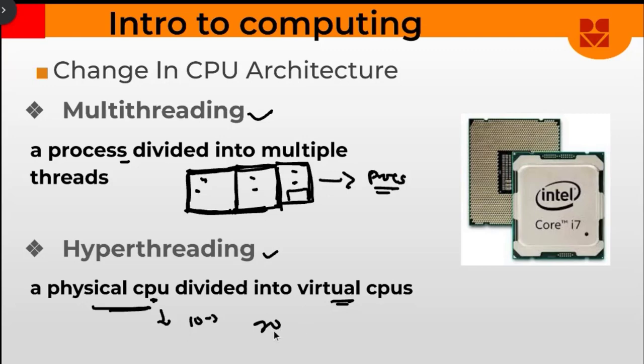This virtual CPU can best be illustrated if you try installing a virtual machine. Let's say you have a Linux operating system as your base, and then you try installing Windows on it through a virtual machine, or vice versa. The Linux in the virtual machine will still have the same processor you have, Core i7, 10th gen, the speed and everything, while your Windows is still processing.